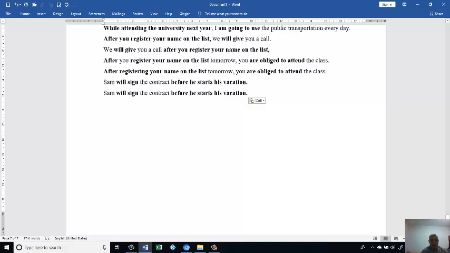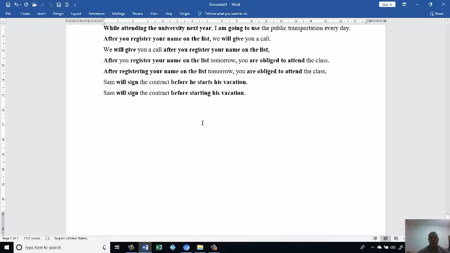But here I could delete he because it's the same Sam, we know about him. Then I could say before starting his vacation. Then I make this the ing form. They say, Sam will sign the contract before starting his vacation.